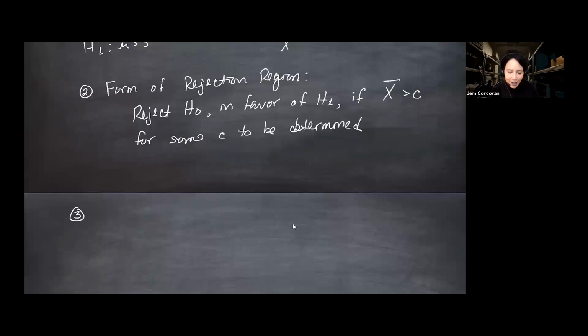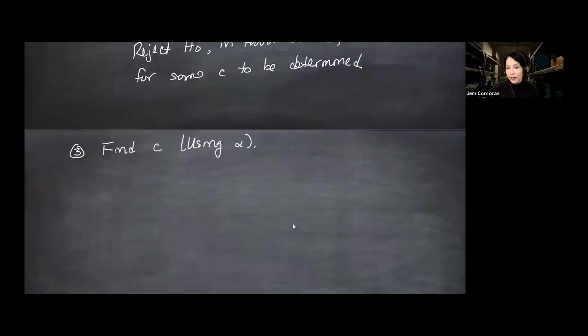Step 3 is to find c, and step 4 is to give the conclusion. We find c using alpha, the level of significance or the size of the test. What I'm about to write here is going to be wrong, and I'm going to have to correct it.